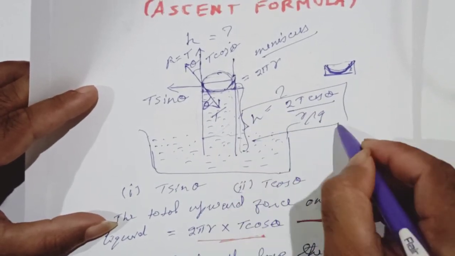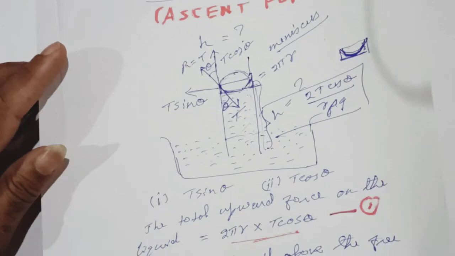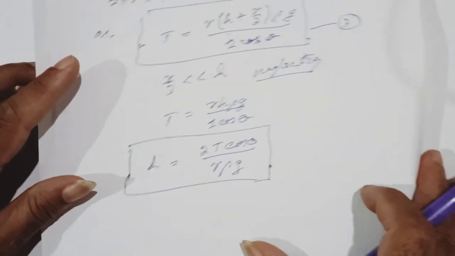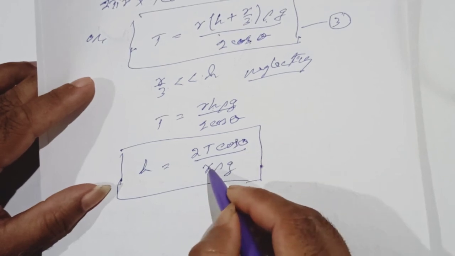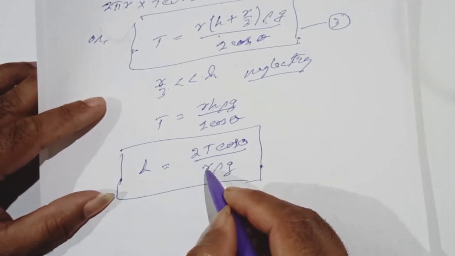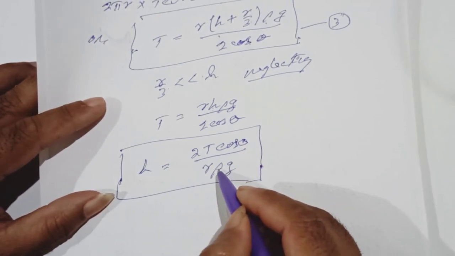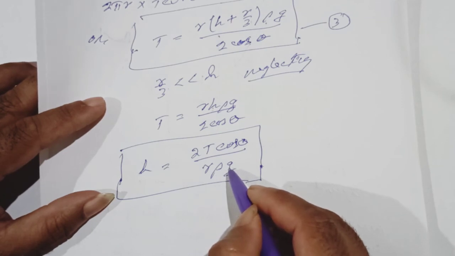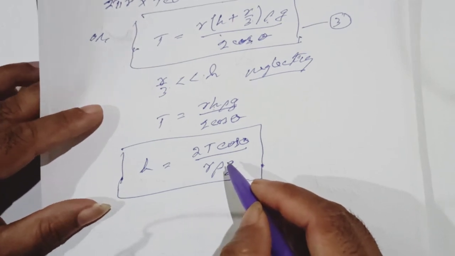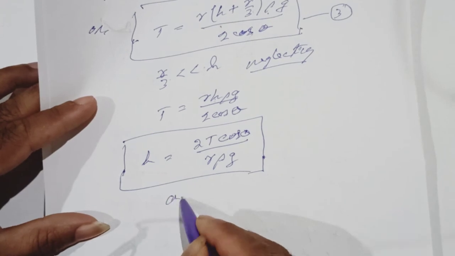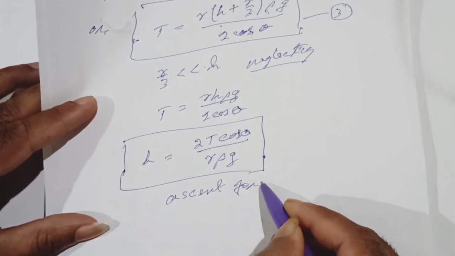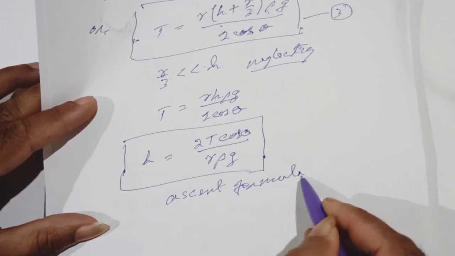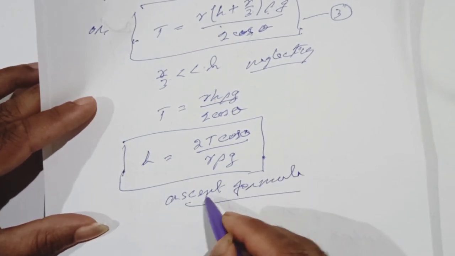Here T is the surface tension, theta is the angle of contact, r is the radius of the tube, rho is the density of the liquid, and g is the acceleration due to gravity. This expression is called the ascent formula.